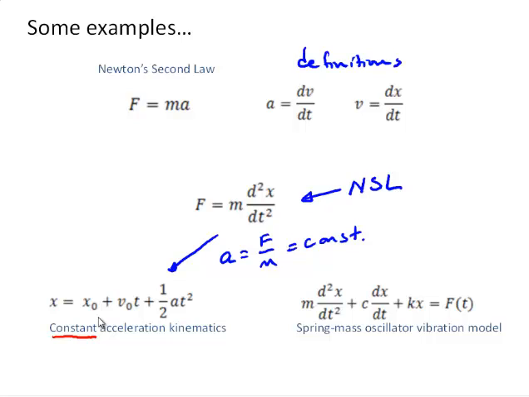Another result that we often use is the spring mass oscillator vibration model, where we've broken out two specific forces, a damping force and a spring force, from the force model to write a second order differential equation for the position x as a function of time.